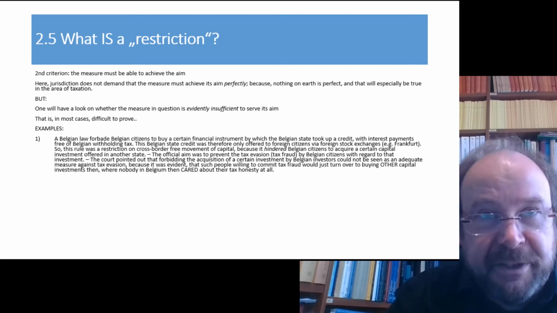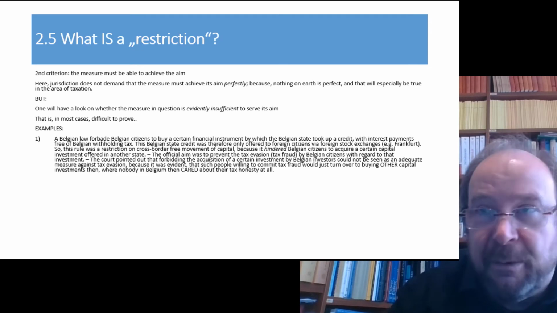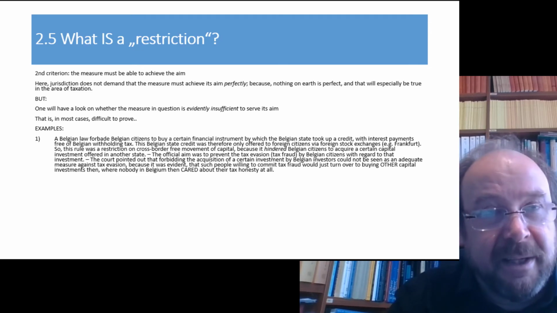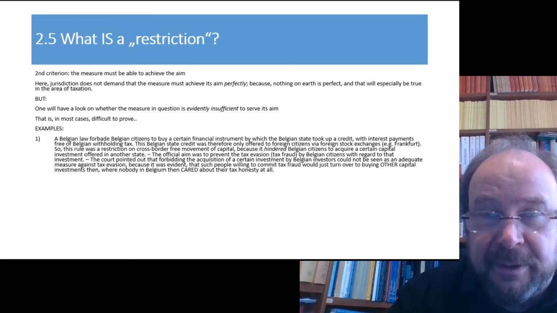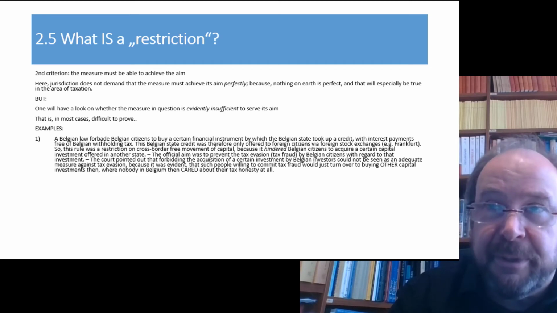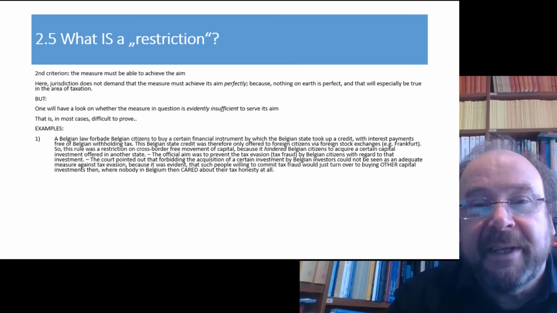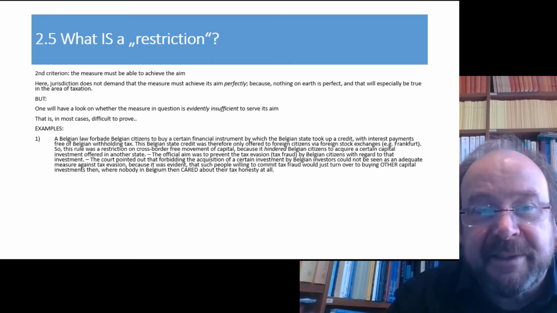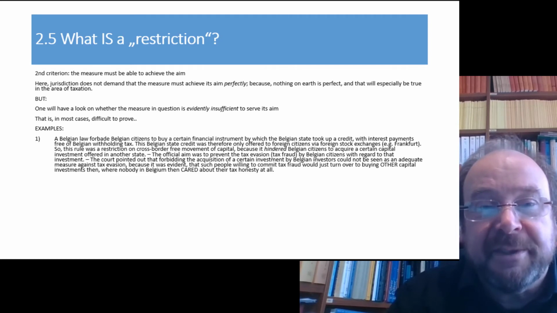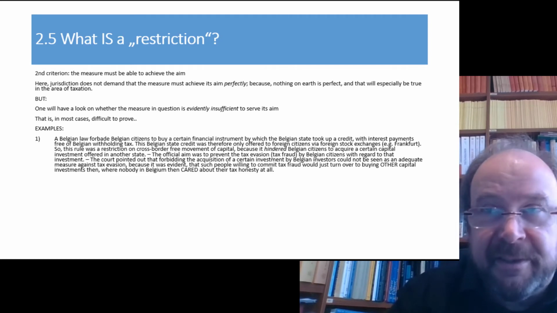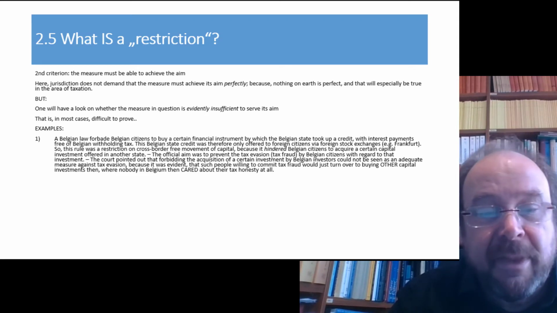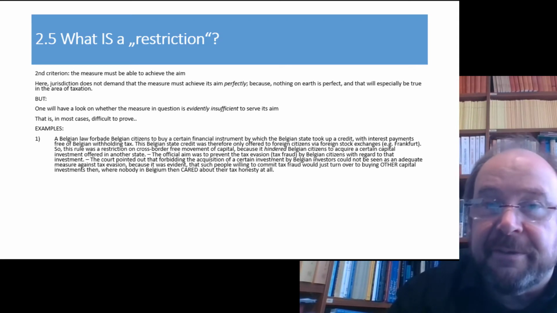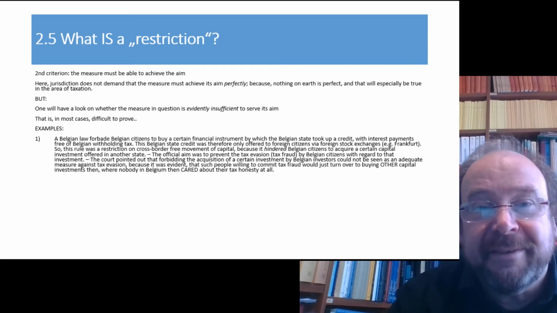And then the Belgian state says, if our own Belgian citizens are allowed to buy these treasury bonds, then they will commit tax fraud and will not pay income tax on the interest. And we want to avoid this. And so the treasury bonds are only sold to people who take the obligation not to sell them on to Belgian citizens. The justification was we want to prevent tax fraud by our citizens.